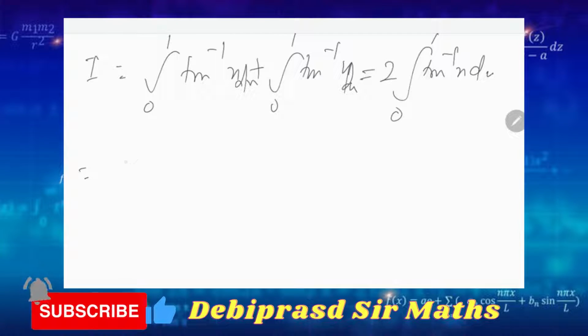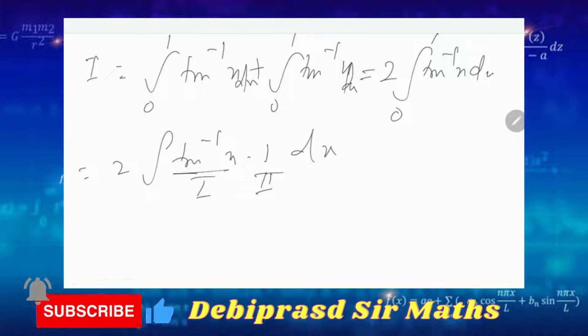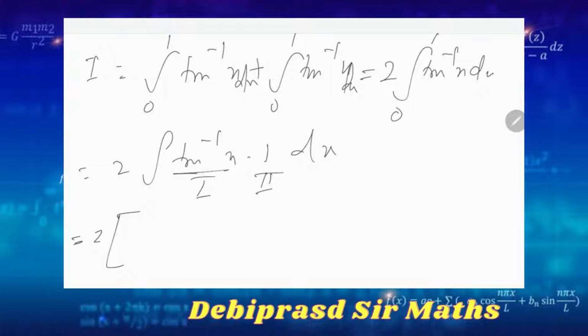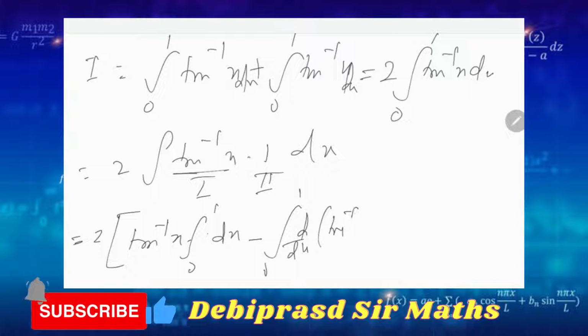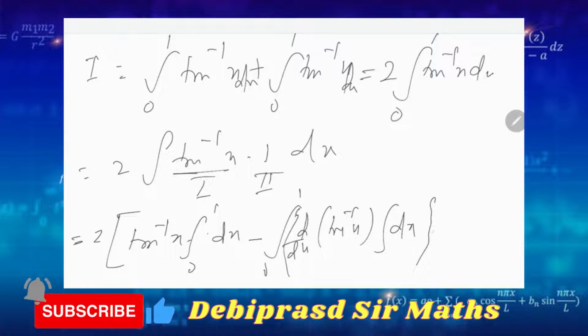So I will consider 2 times tan inverse x into 1 dx. This is the first function, this is the second function. So 2 will remain intact. So I will write tan inverse x times the integration of dx, from 0 to 1, minus the integral 0 to 1 of the derivative of tan inverse x times the integral of dx.